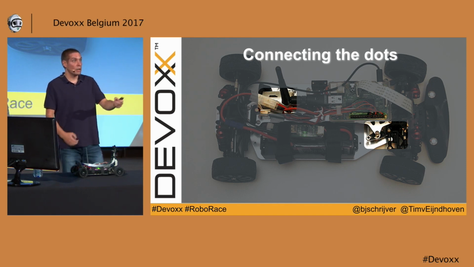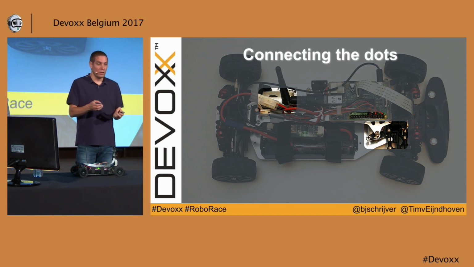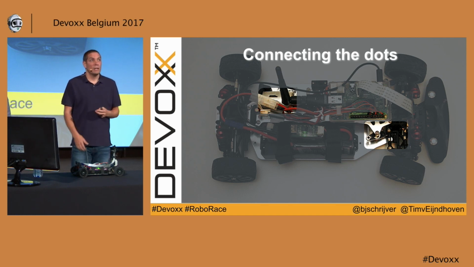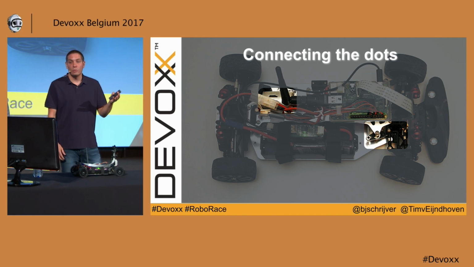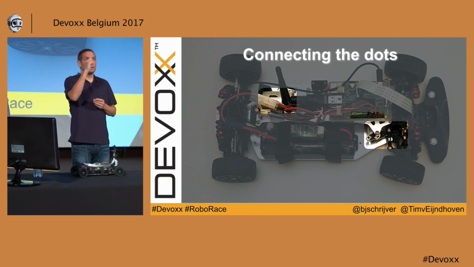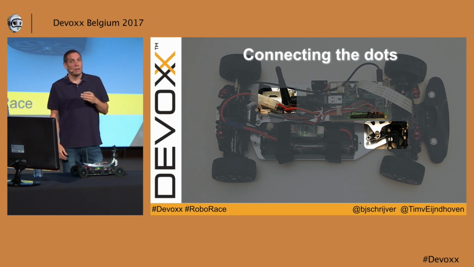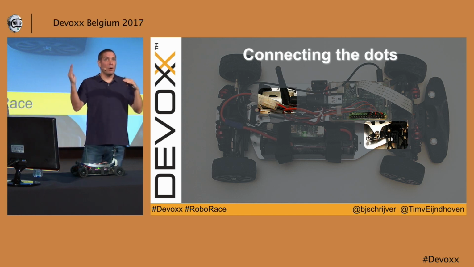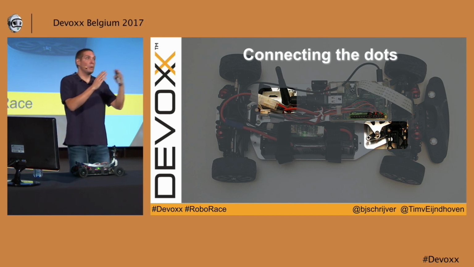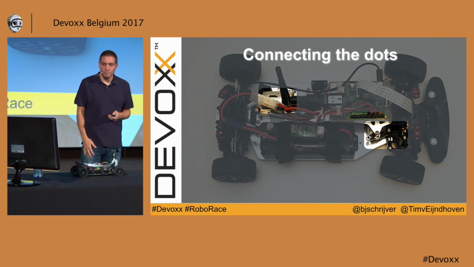So you have a receiver in the car, you have a remote control with 2 channels, forward, backward, left, right, and then this receiver sends signals to the servo, which is like a small motor that can go both ways. It's connected to the wheels, so the wheels can turn, and to the speed controller, and the speed controller feeds power into the engine, which is either no power, then it's still, or maximum power one way, so it's going maximum speed forward, maximum power the other way, or anything in between.